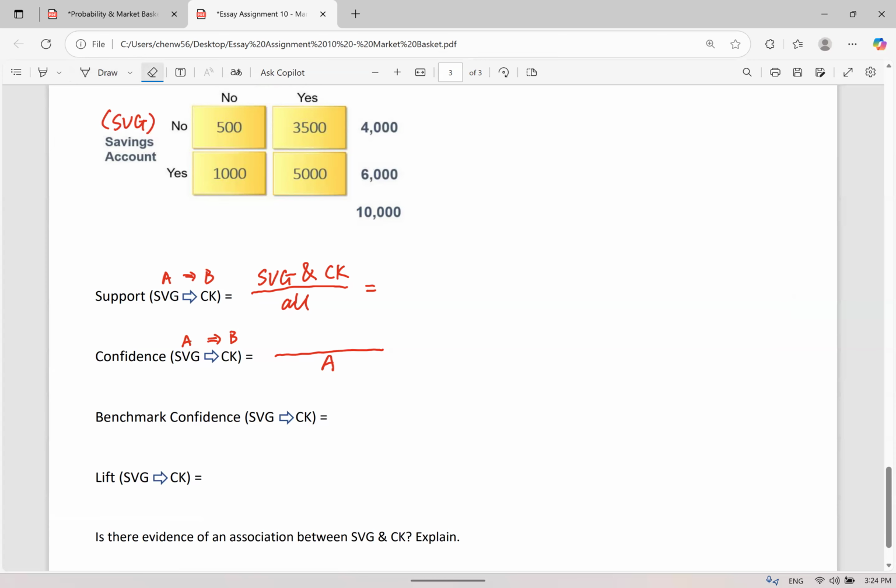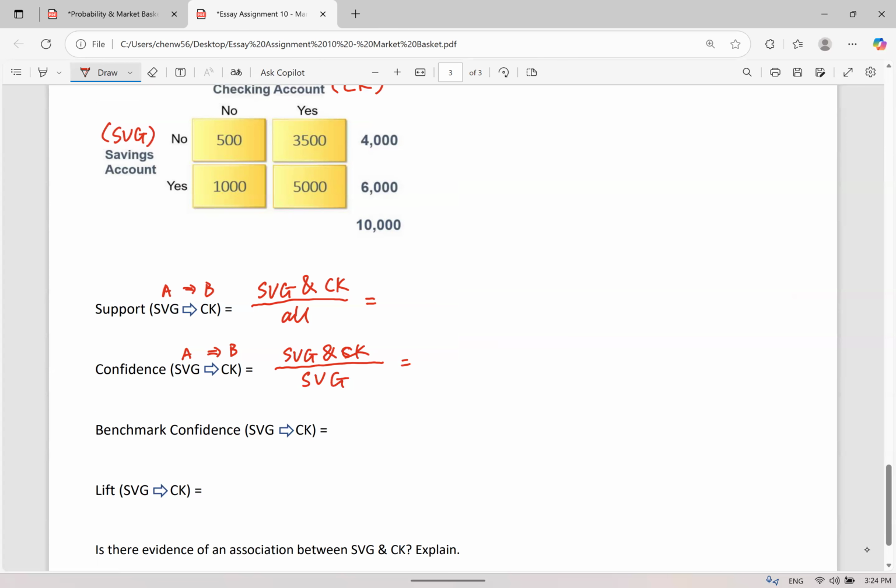Which is customers having a savings account. Out of these customers, how many of them also have a checking account, right? So that's they have both of them. So how many of them?